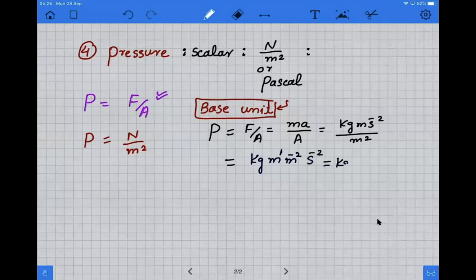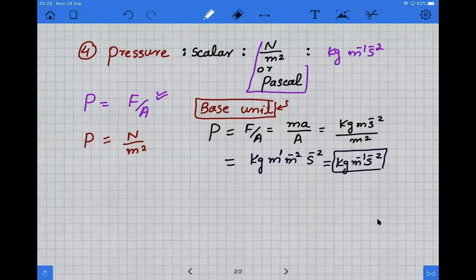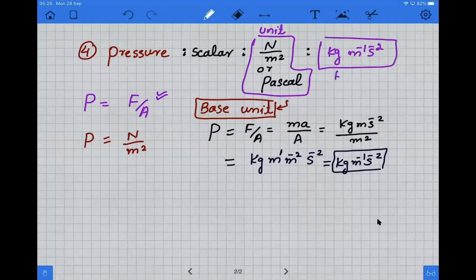So it would become kilogram meter power minus 1 and second power minus 2. Unit for pressure is Pascal, and base unit is kilogram meter minus 1 and second minus 2. So this is pressure.